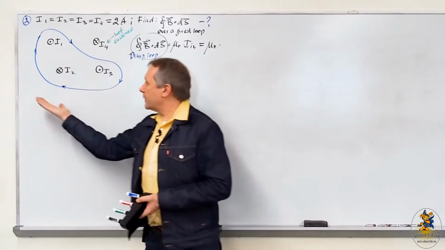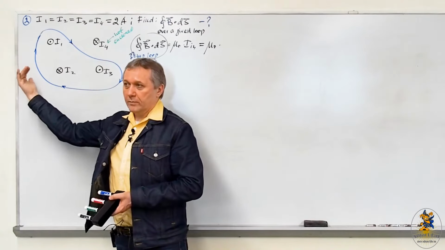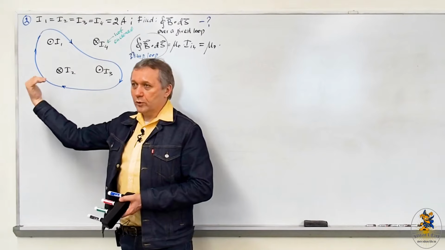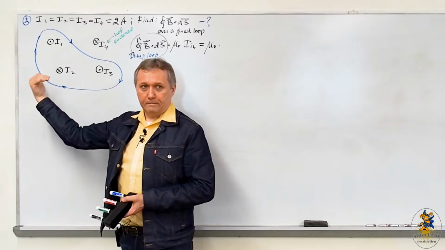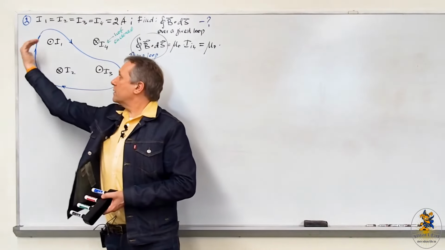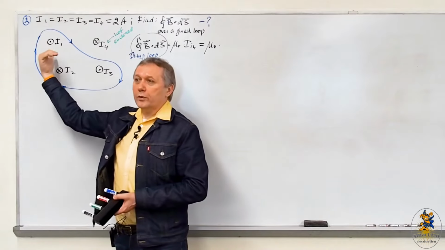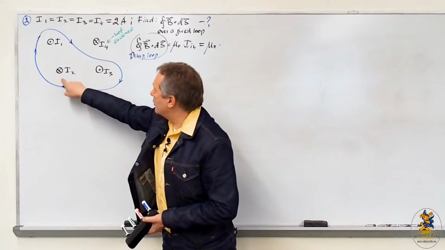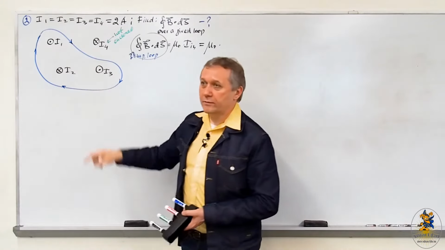You curl your fingers in the direction of integration, and your outstretched thumb gives you the positive direction for the current. So in this case, into the board is the positive direction for the currents. So it means that I2 will be positive, I1 negative, I3 negative.